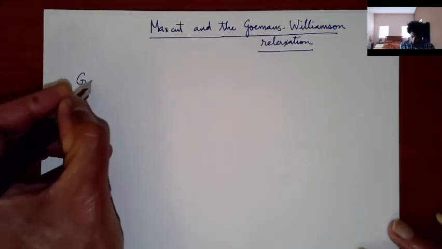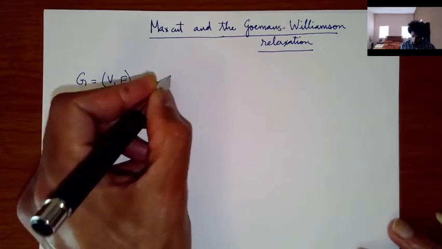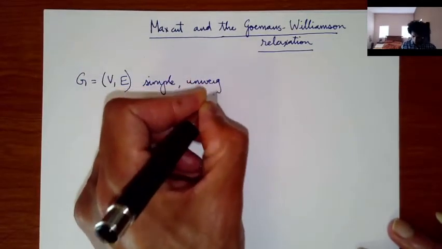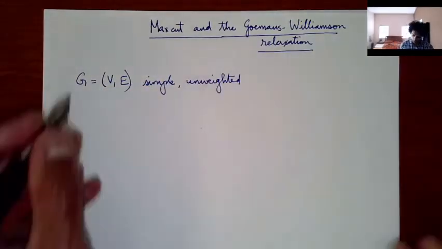So as usual, we have a simple graph. It's best to think of it as unweighted, although whatever I'm saying is also valid for weighted graphs.